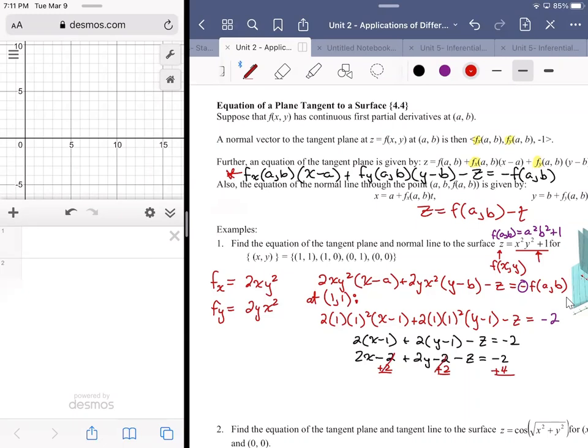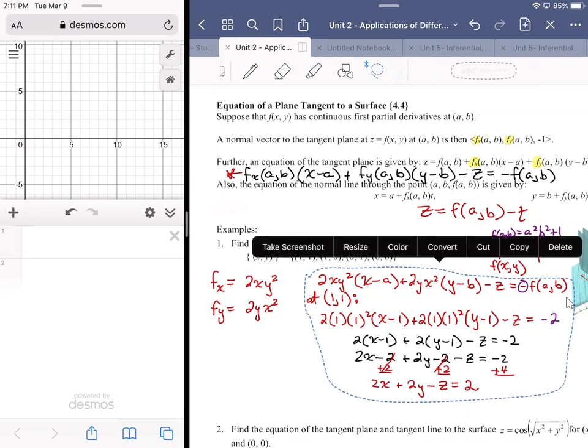So we're adding 2 2's, so we're really adding 4. So we'd be looking at 2x plus 2y minus z is equal to 2. All right, and so that would be one of the tangent planes.